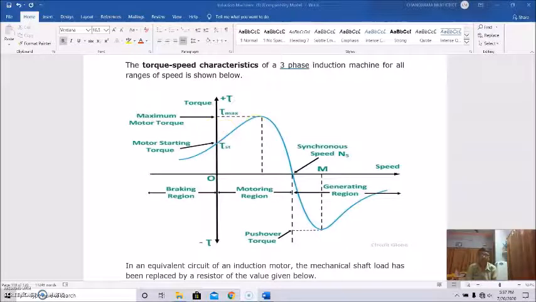In the motoring region this gives you the maximum motor torque. This is the starting torque, the motor starting torque. In the generating region, this is the pushover torque, that is the maximum torque, and this is the synchronous speed. This is the generating region, and this is the negative region. This portion will be the braking region of the motor.